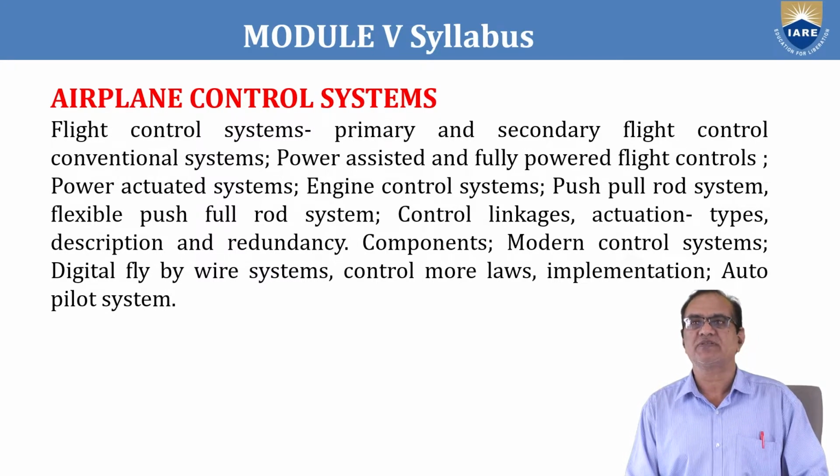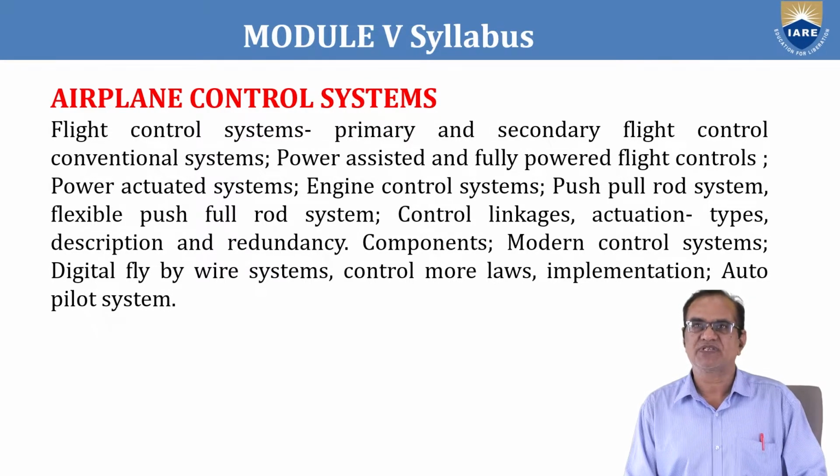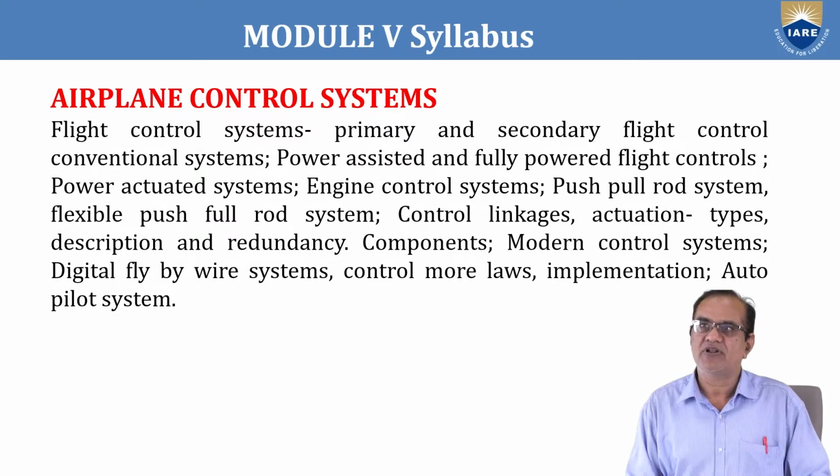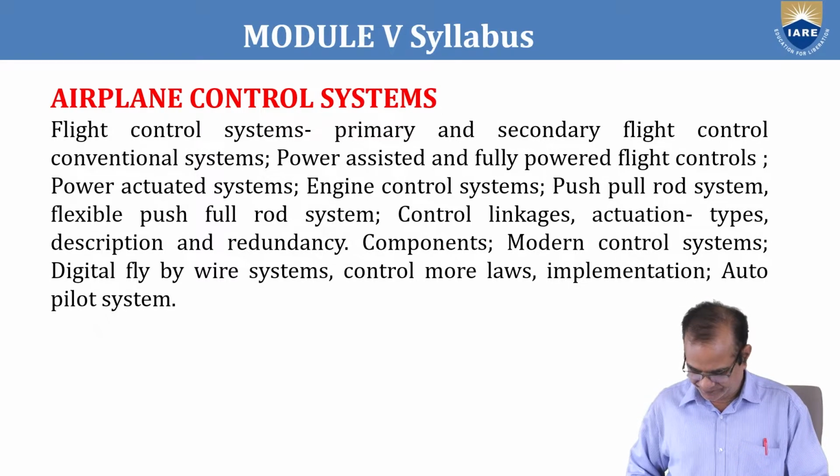We have flight control system, primary and secondary flight control, conventional system, power assisted and fully powered flight control system, power actuated system, engine control system, push-pull rod system, flexible push-pull rod system, control linkages, actuation types, description and redundancy, component, modern control system, digital fly-by-wire system, control laws, implementation, autopilot system, and so on.